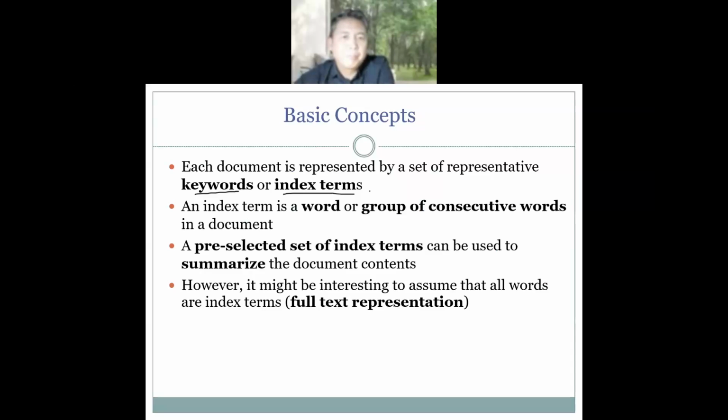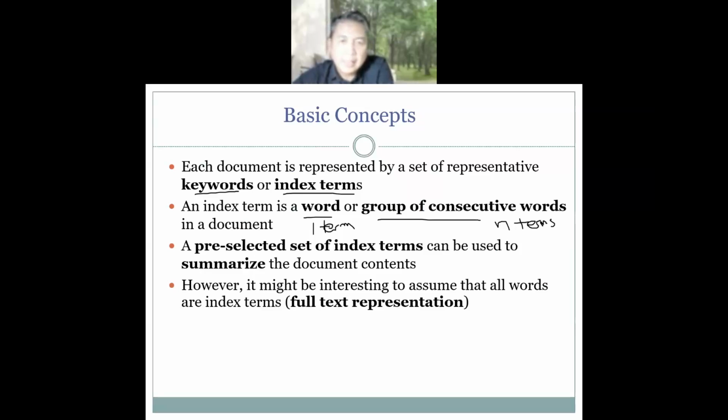So this index term is a word or group of consecutive words, meaning that you could have one term or you have n terms. Okay, phrases of words. So it could be one or more than one.